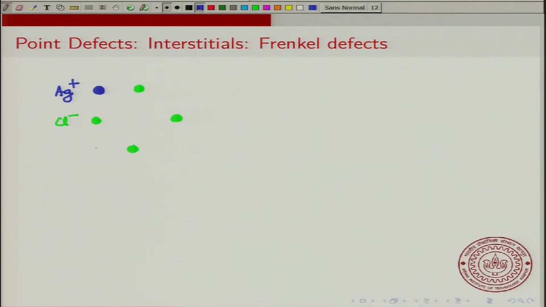If you just show it in 2 dimensions, one of the defects that is observed is when one of these silver atoms goes to an interstitial site. So, you could have maybe this silver atom has left its site and it has gone to some site, let us say somewhere here.